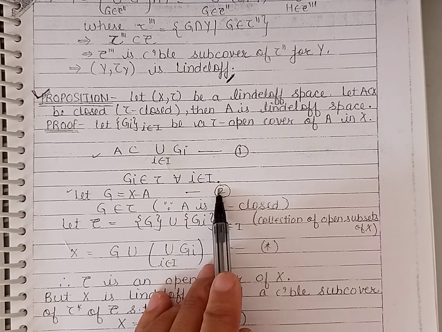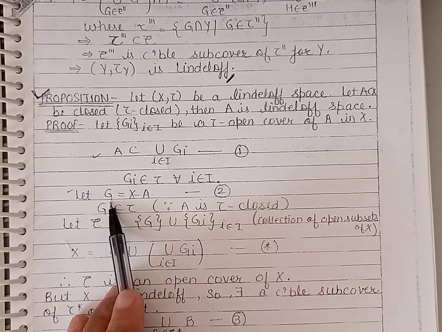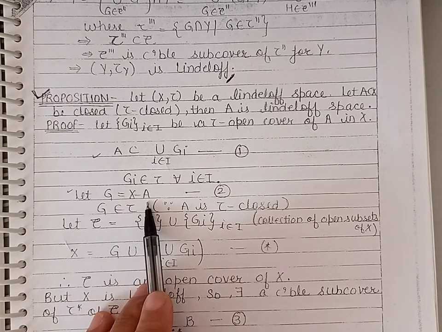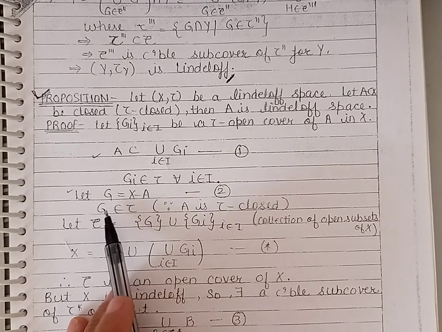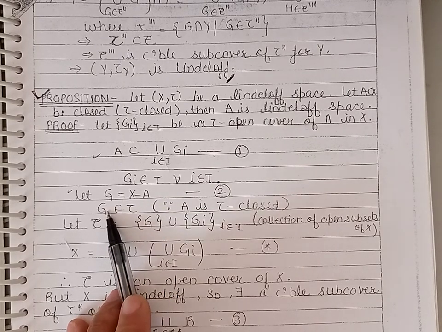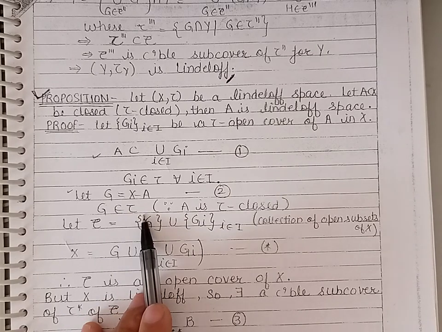Now, let us take G as the complement of A. Because A is closed, its complement will be open, so G belongs to τ.